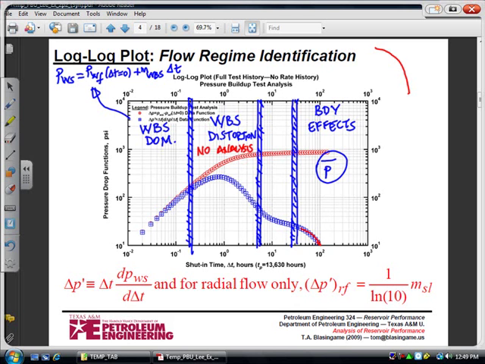And the reason is you are producing both from the wellbore and from the reservoir. And here is the other part we are interested in, and this is called the infinite acting radial flow.